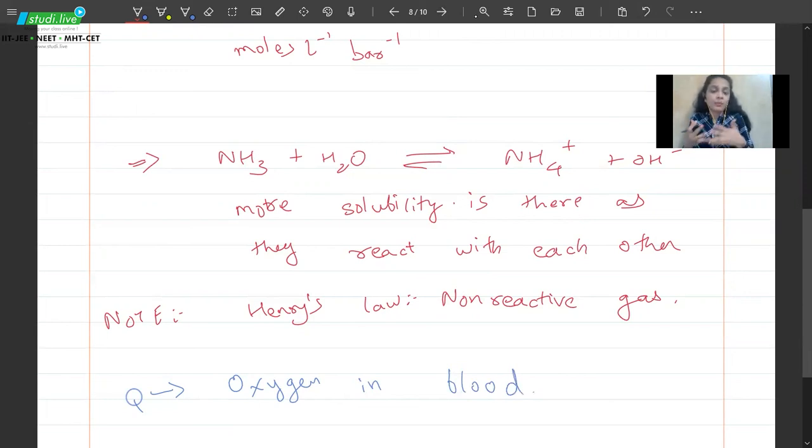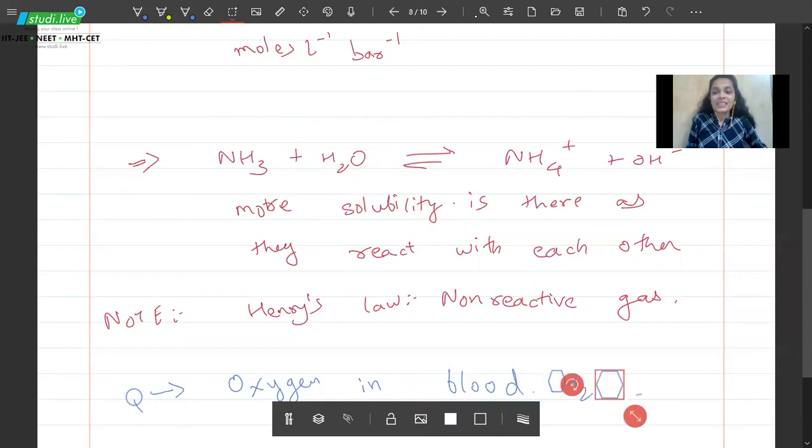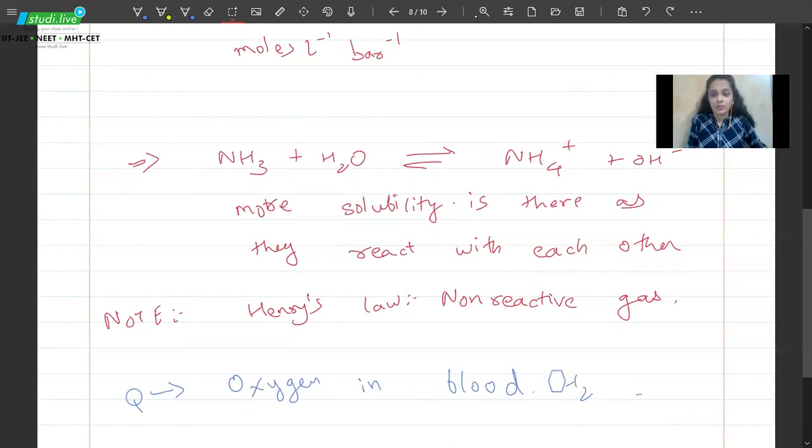the major constituent of blood is water. Oxygen very slightly dissolves in water. So what is the major reason that in our body the maximum amount of oxygen is there? Can you guess the answer?